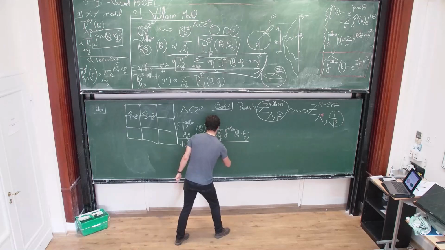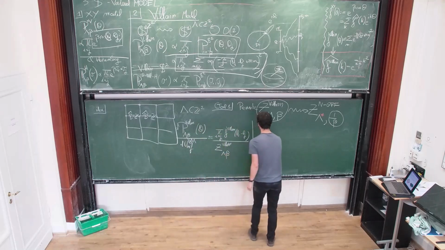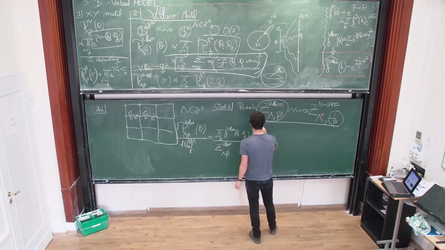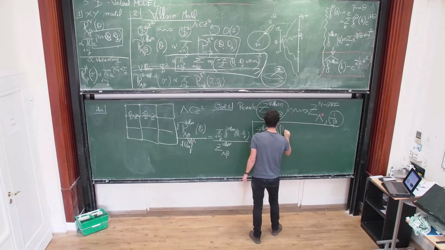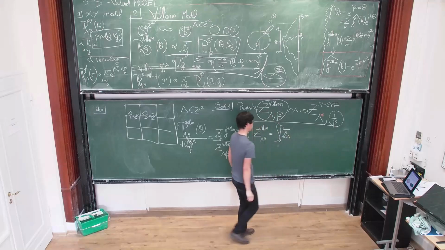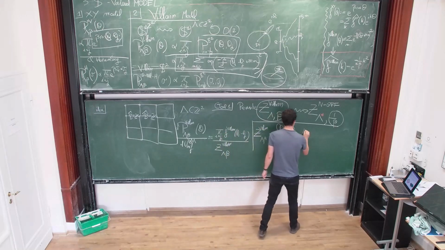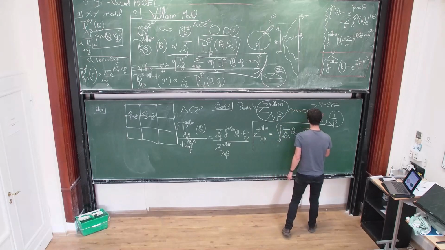So I need to divide by Z Villain lambda beta, which is defined as we did in the first lecture as an integral. Z Villain lambda beta is an integral on top of all the angles in lambda, d theta i, of the product over i next to j in lambda of f Villain.